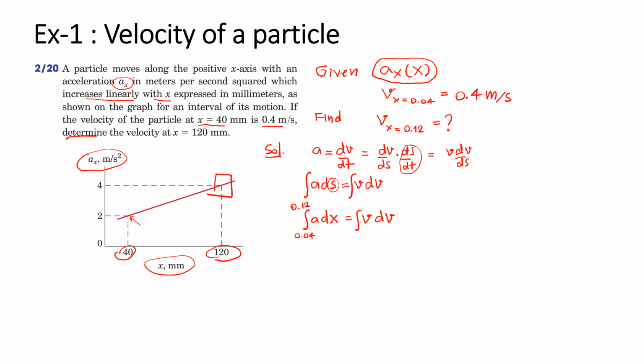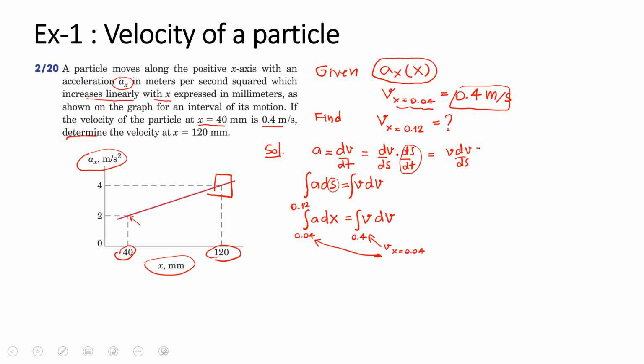And for the limit of the integration of the velocity, we have not the initial velocity, but the velocity that corresponds to the position here, which is 0.4 meter per second. This is the velocity when x equals 0.04.